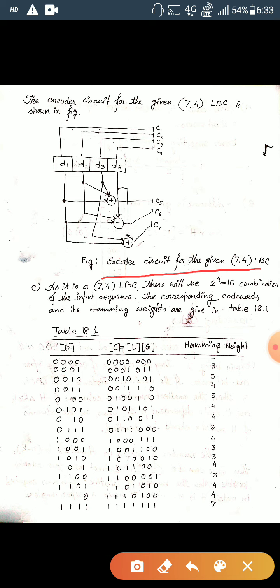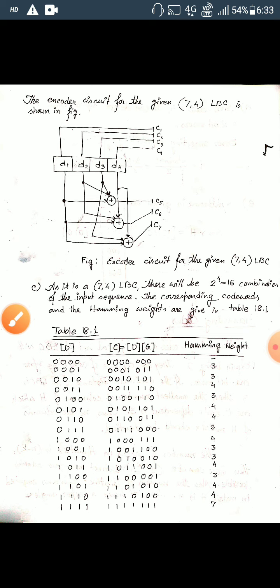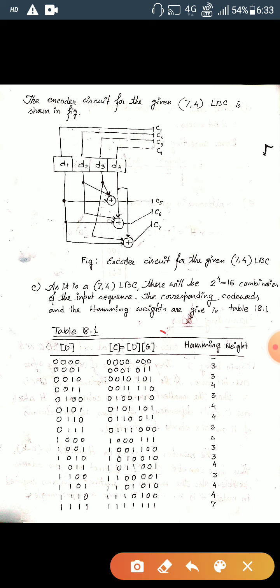LBC. 7 is the code word length, because from G we can know that n is equal to 7, and from the generator matrix we can know that k equals 4. So if 4 is the message signal, the number of variations will be 2 to the power of 4, that is 16, starting from 0000, then 0001, up to 1111. For each individual message signal, a different code word will be generated, and here the code word can be obtained by using this formula.